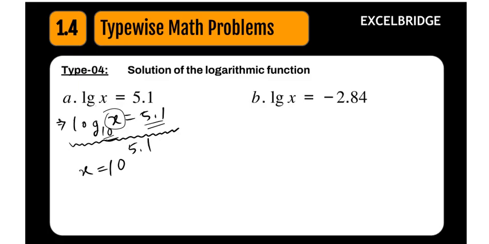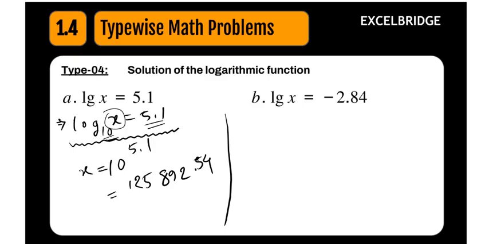Fine, 5.1, and we can calculate the value using a calculator, which is 125892. We have used a calculator to find the value.